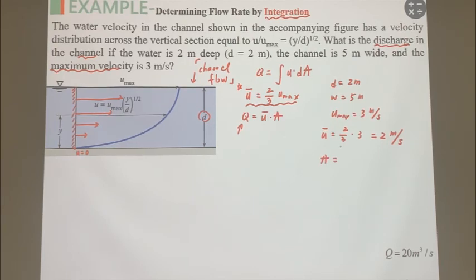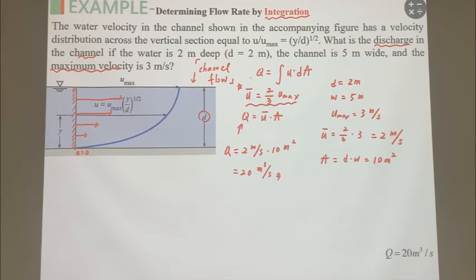The total water depth is 2 meters, multiplied by the width of the channel, and this is equal to 10 meters squared. So I can compute the discharge very quickly: the mean velocity is 2 meters per second, multiplied by the total area of 10 meters squared, equals 20 cubic meters per second, and that finishes the answer. Okay, we already answered the question.